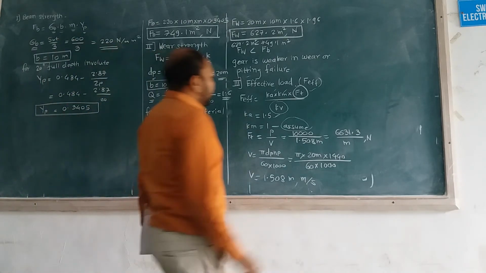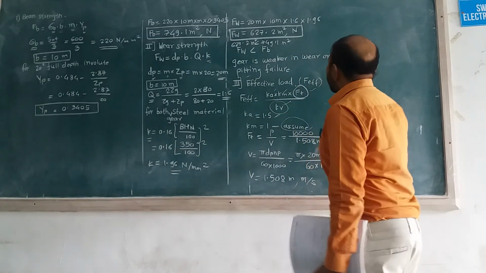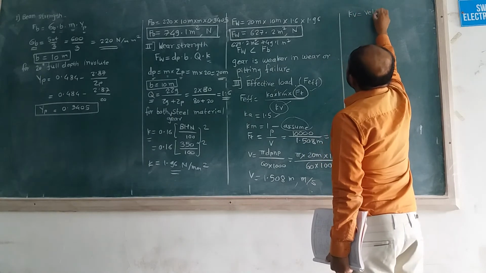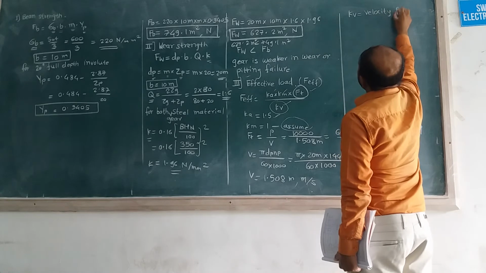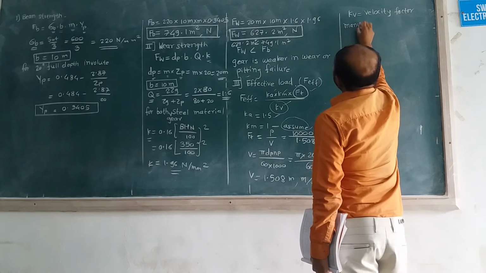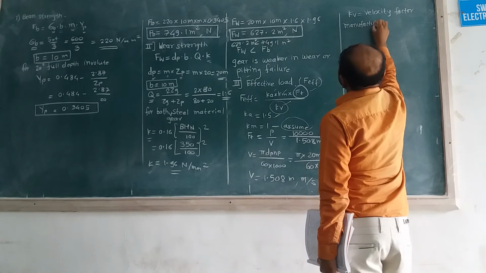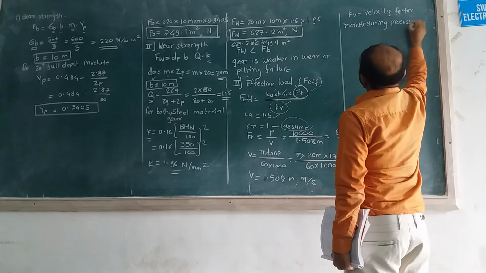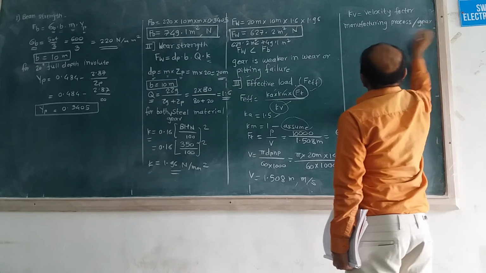So this Kv value is not given here, and this Kv value is velocity factor. That depends on manufacturing process. Then gear grade.